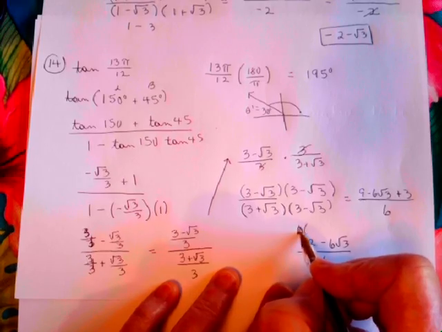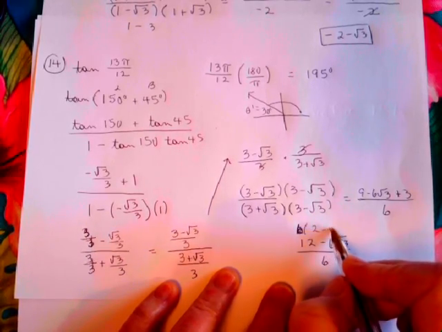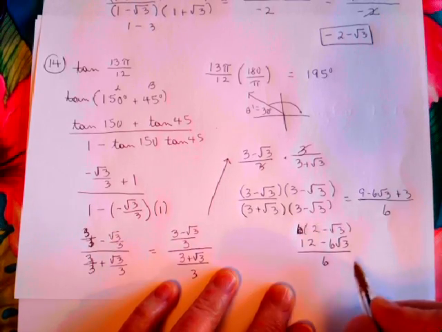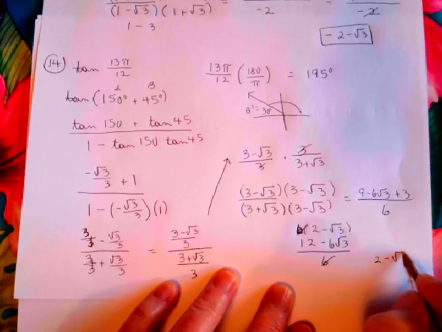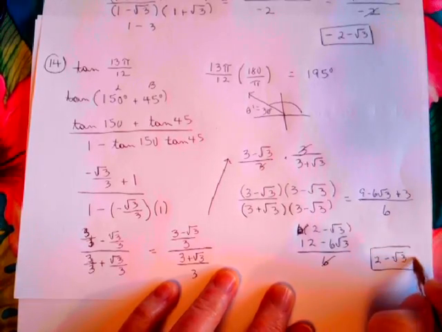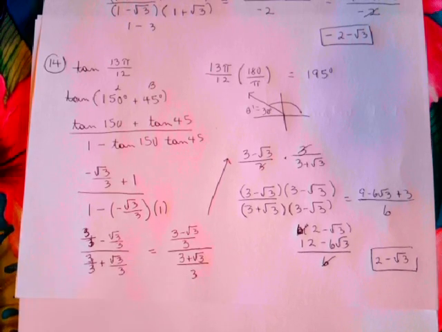You have 6 times 2 minus the square root of 3. The 6 is canceled. You got 2 minus the square root of 3. Final answer. I'll leave that there for you just a minute so you can look at it.